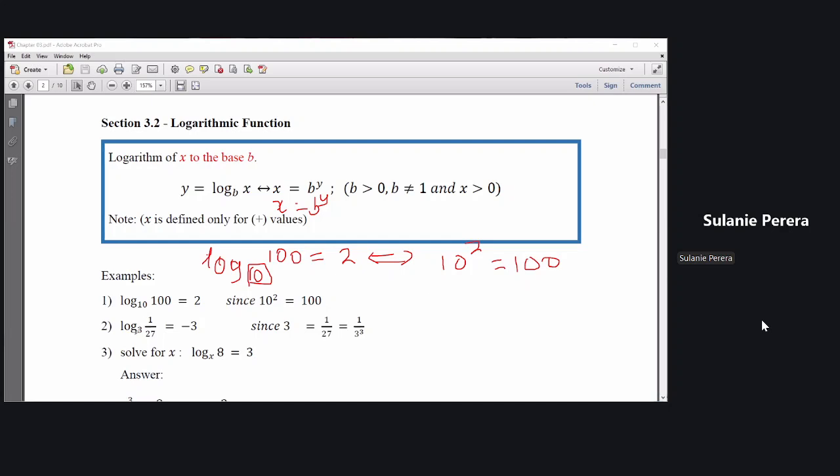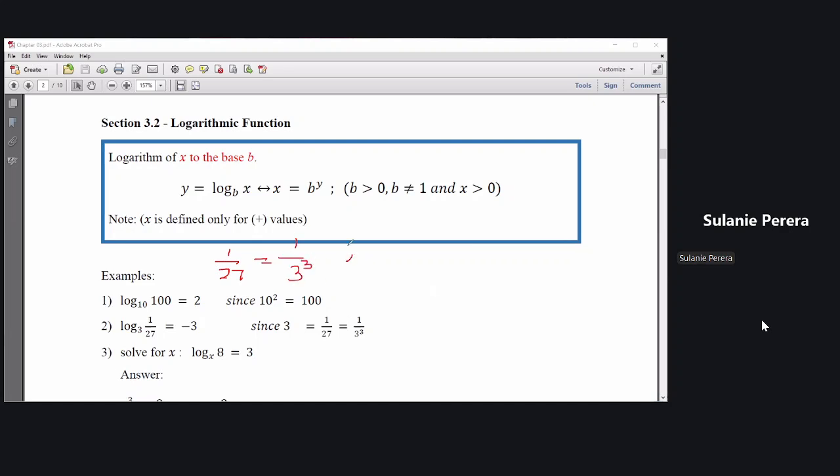So now see this one. Log base 3, 1 over 27. So we know 1 over 27 is 1 over 3 to the power 3. Right? Let me erase this whole thing. 1 over 27 equals 1 over 3 to the power 3.